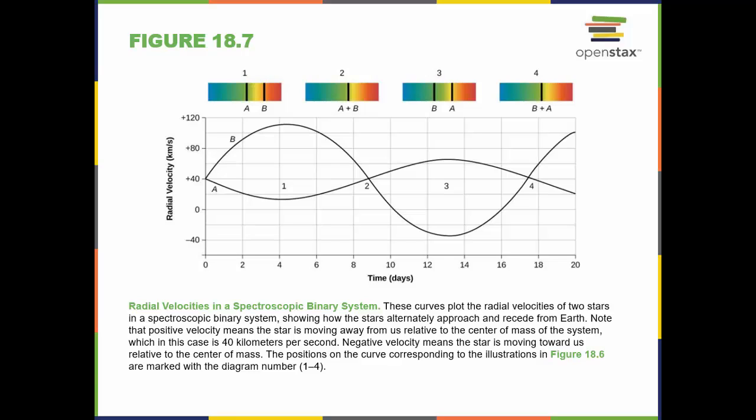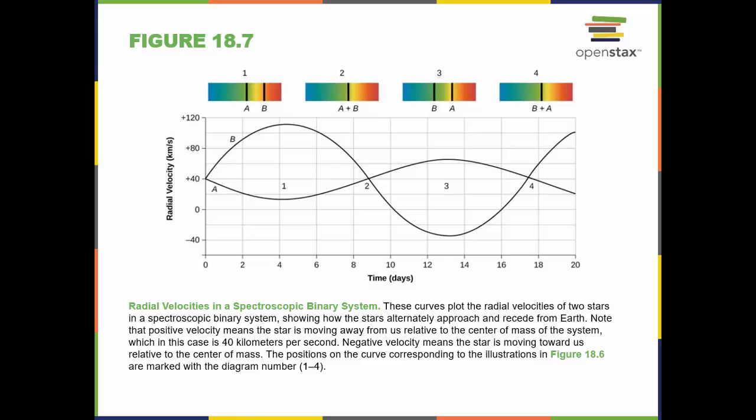And the negative velocity means that the star is moving towards us relative to the center of mass. The position on the curve corresponds to the illustration shown in figure 18.6, and they are marked in the diagrams 1 to 4.